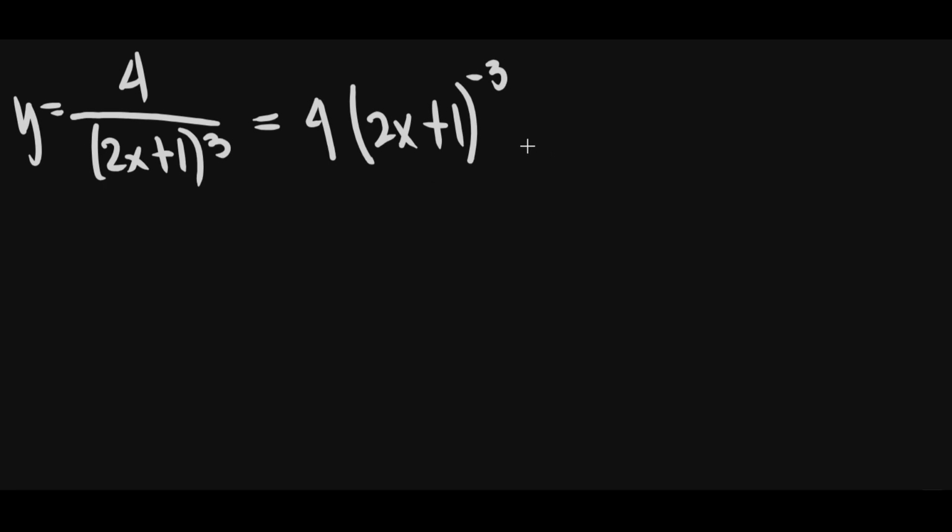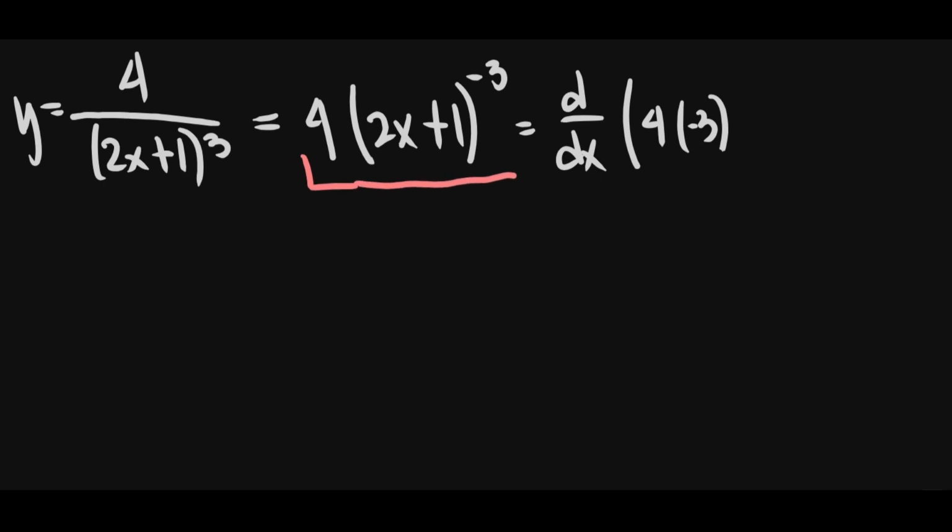So what we're going to do here is let's derive this one, dy/dx. What will happen is 4, then here negative 3. If we derive the outside, we should derive what is in the inside.